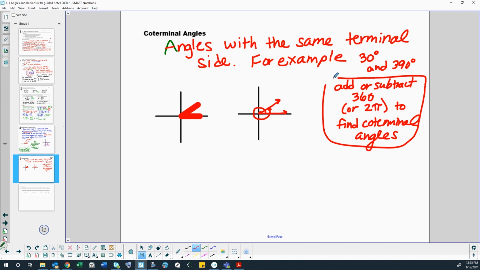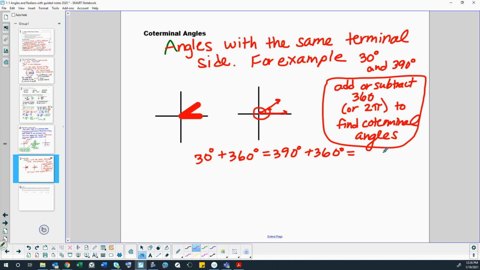Okay, so those are instructions. So like if we had 30 degrees, then adding 360 gives us 390. What if we add 360 again? Would that also be a coterminal angle?